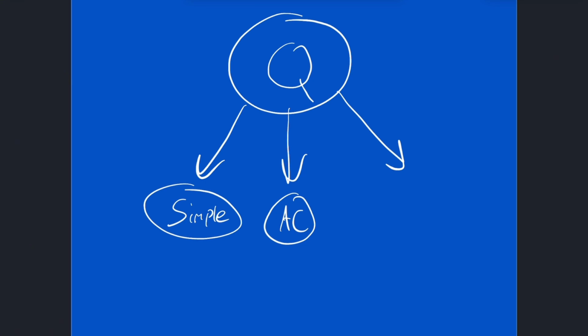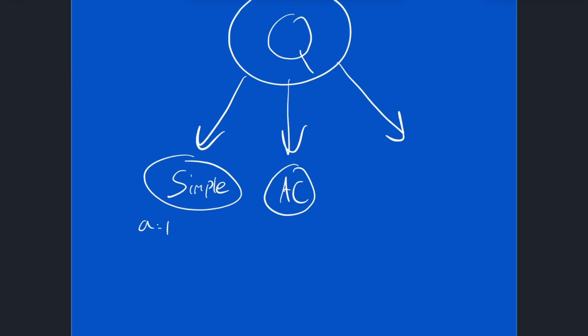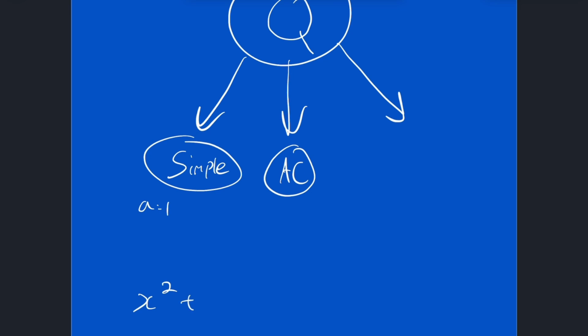So simple means when a equals 1. For example, x squared plus 2x plus 3. And it's a solvable, a nice thing you can do. A nice one, it gives you nice numbers at the end. That's the simple method. The AC method is used when a doesn't equal 1, and we're assuming it solves into nice numbers.